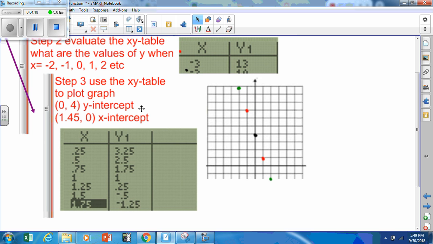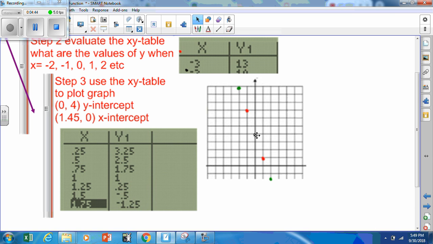Let me make it easier. Think of it this way. If I go over 0 and up 4, 1, 2, 3, 4, I'm on my y-axis. So because I'm on my y-axis, that's why we call it the y-intercept. If I go over 1.45 but up nothing, I'm still on my x-axis.